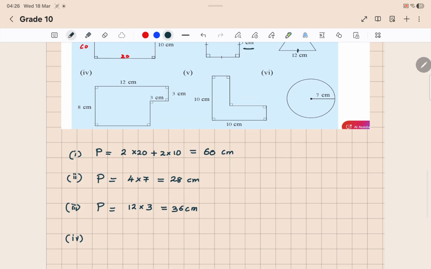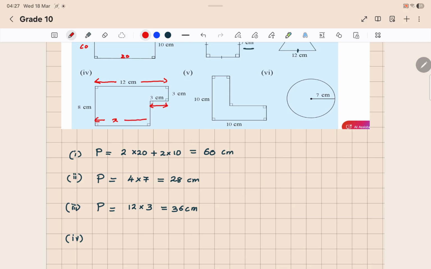Okay, then we have a shape that has rectangle parts, right? So this one, let's see, look, this length is 12, this length is 3, right? This length is 3, then we can figure out this length.